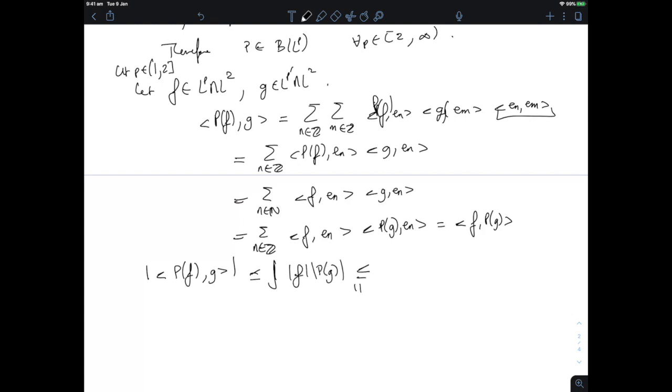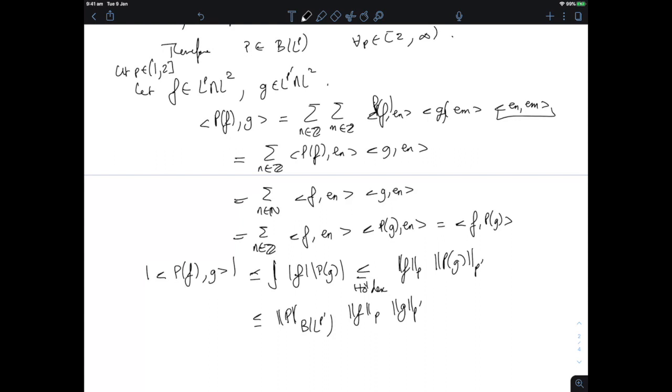Then I can use Hölder to deduce that this is smaller than the Lp norm of f times the Lp prime norm of P of g. But I know that P is bounded as a map acting on Lp prime. And so what I get is this norm times the norm of f in Lp times the norm of g in Lp prime.